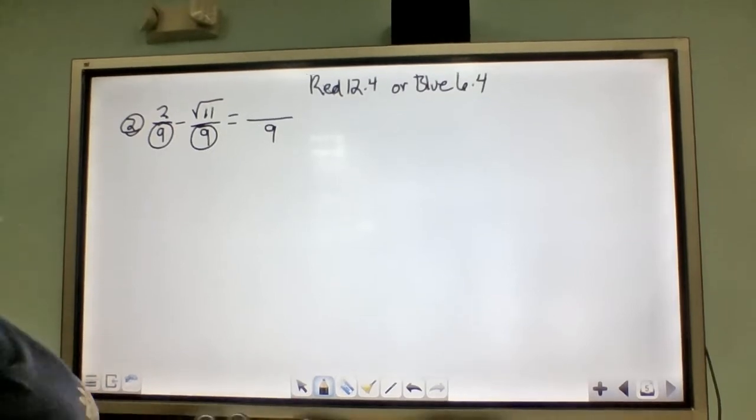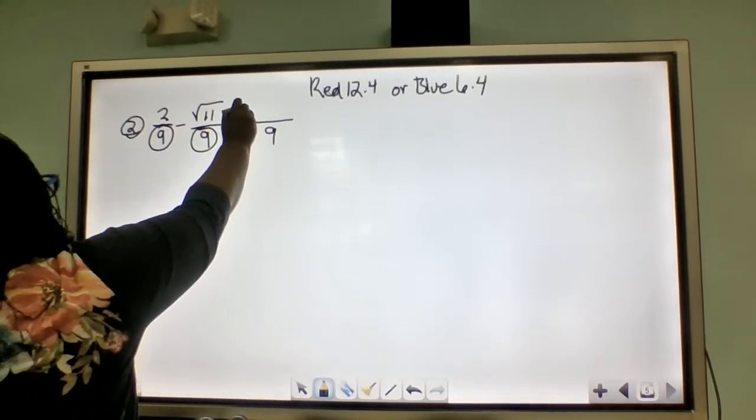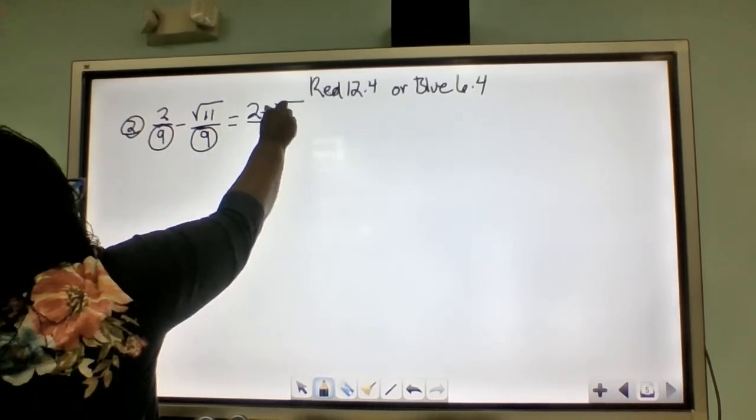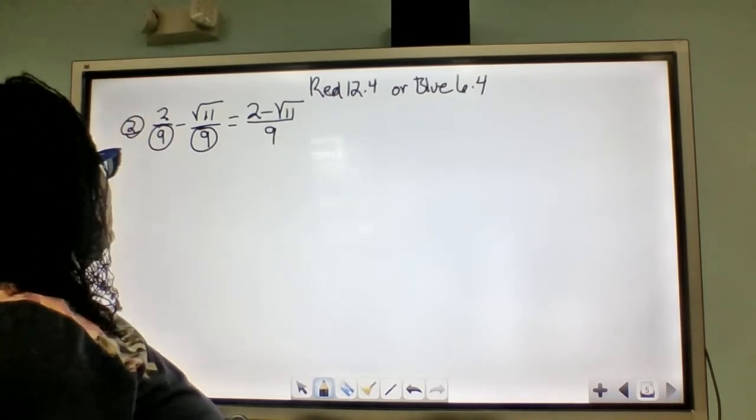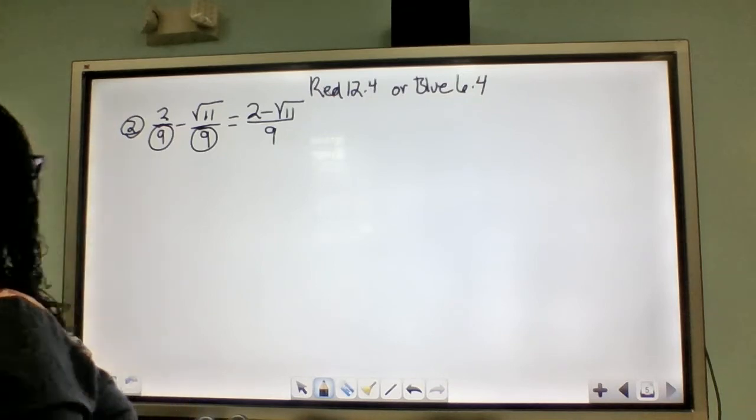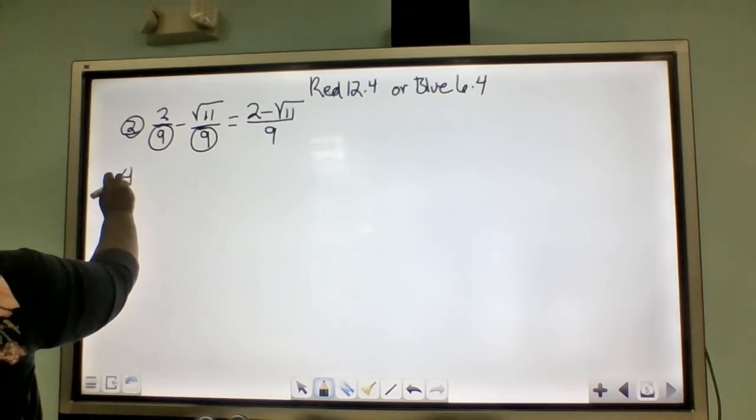So therefore, they each keep their unique identity, and that is as far as we can go with this problem. Okay? Let's move forward to number 4.